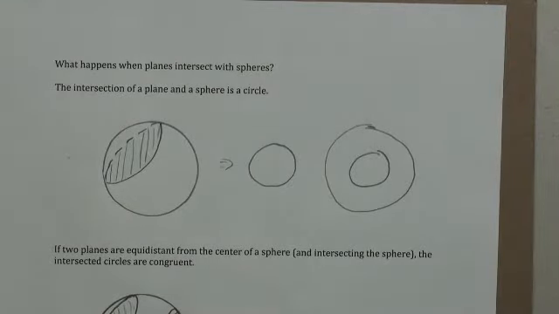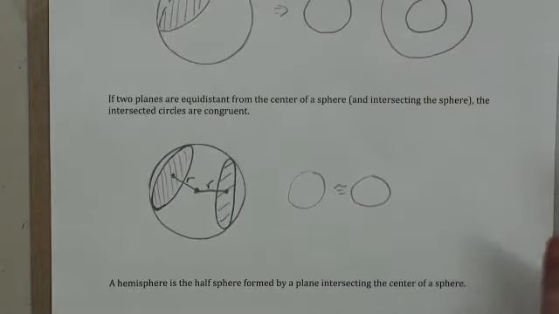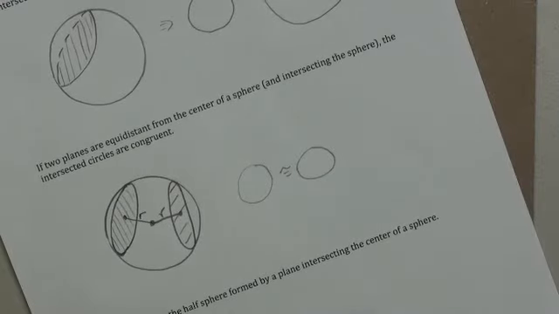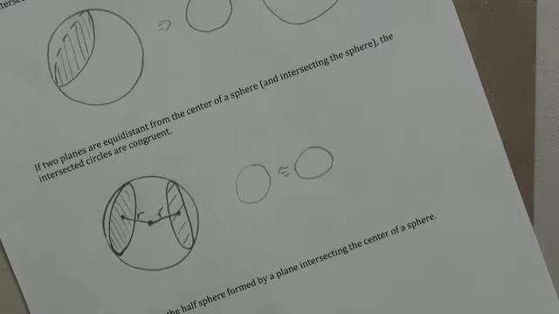So, let's see. What's next? Oh, a hemisphere is half the sphere formed by a plane intersecting the center of a sphere. Okay? So a hemisphere essentially is that.